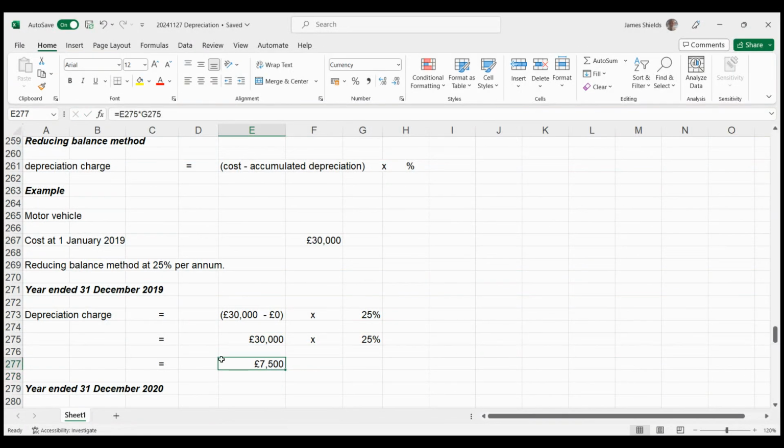So that's our depreciation charge for the year ended the 31st December 2019.